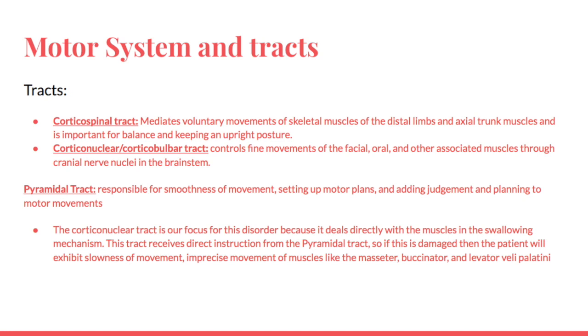This tract receives direct instruction from the pyramidal tract, so if it's damaged, then the patient will exhibit slowness of movement and imprecise movement of muscles like the masseter, buccinator, and levator veli palatini.